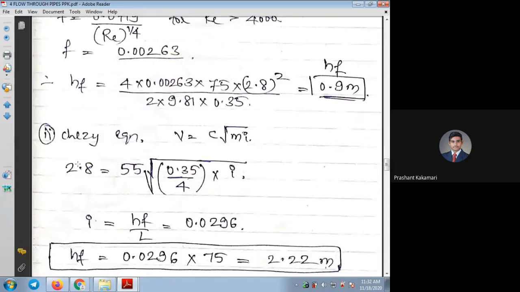So now I'll write velocity equal to C into square root of m i. C is directly given. m is indirectly given. i is also indirectly given. In that, one term is not given. So hf by L equal to 0.0296.